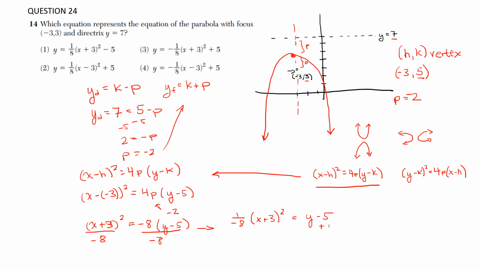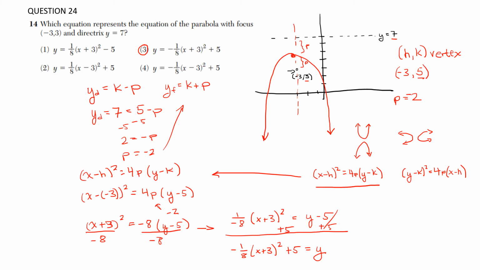Now adding 5 on both sides, you get negative 1/8 times (x + 3) squared plus 5 equals y, which would be answer choice 3.